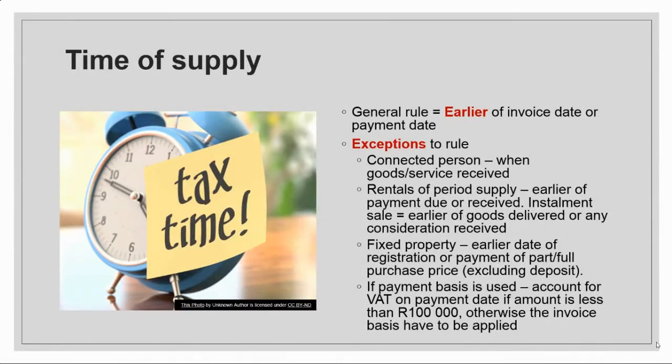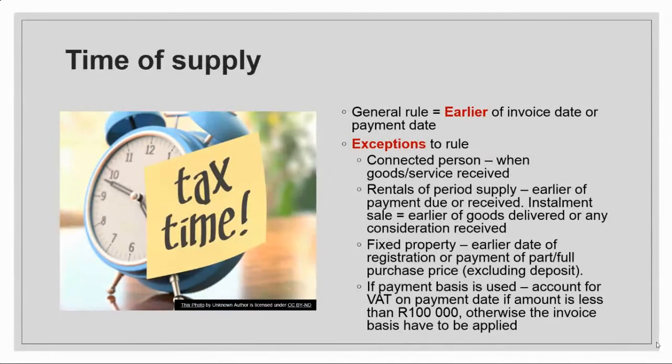If I rent out something, then I would generally use the earlier of the payment due or received date. However, if it's an installment sale, so that is a finance contract, then it would be the earlier of when goods are delivered or consideration is received.